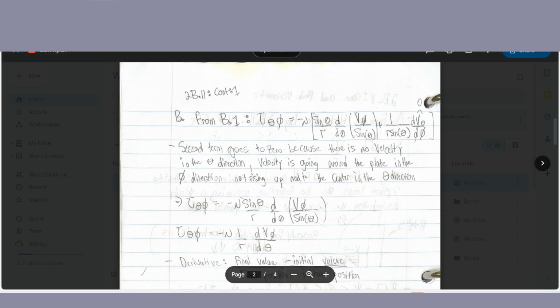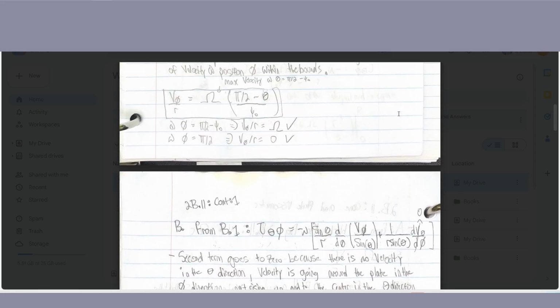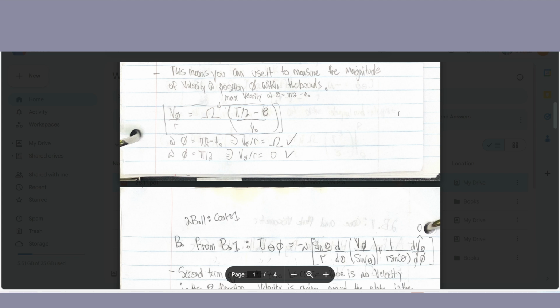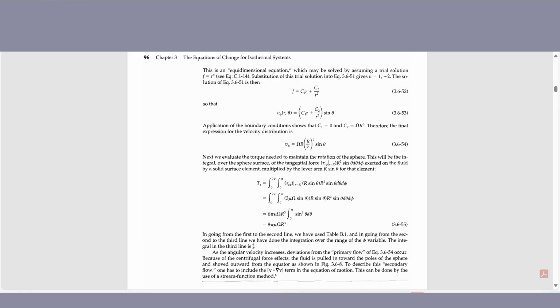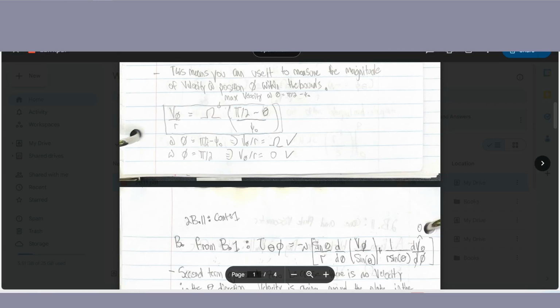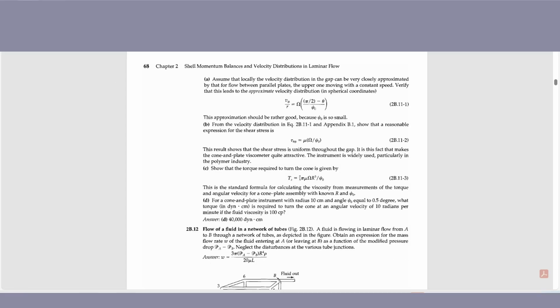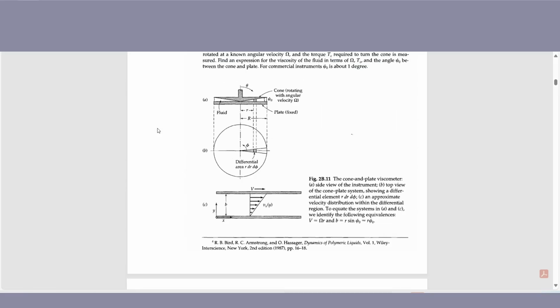Yeah, so dv theta d phi equals 0, and that's because the system is symmetrical in the phi direction, and the phi direction is just this direction around the circle. So obviously the velocities are just going to be the same around the radius for these circles.